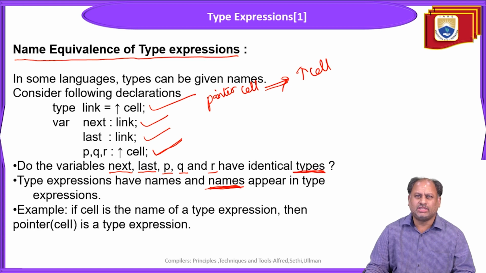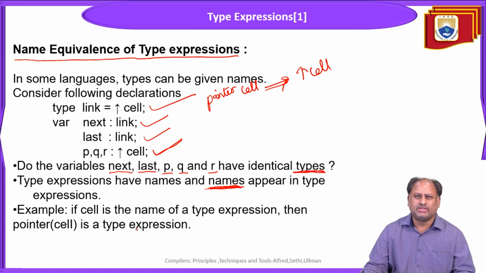Then we can say that they are name equivalent. Else it is not. So type expressions have some names, and these names appear in the type expression, and we verify whether both are the same.